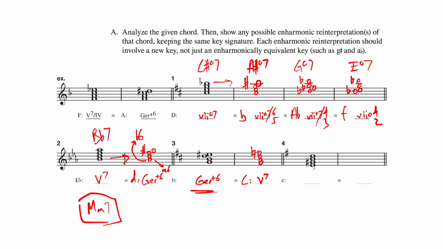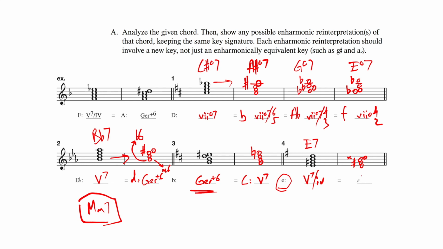And in the next one, we are in E minor and we have an E dominant 7th chord. It is V7 of iv in E minor. We can reinterpret it as a German augmented 6th chord. This time, instead of D, we should use C double sharp.